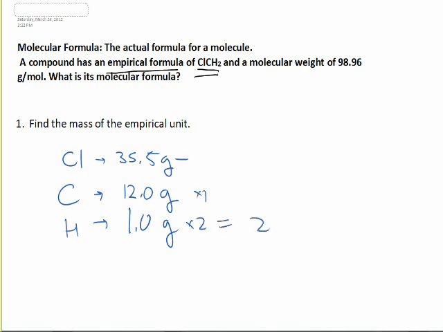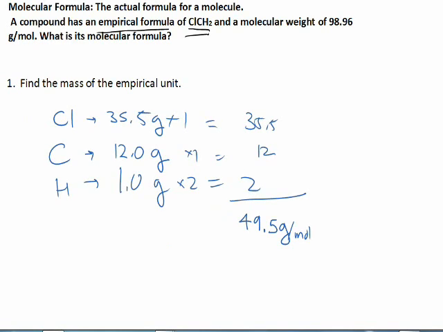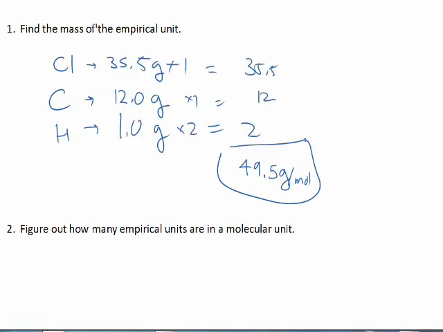There's just one of each of these here for the empirical formula. So that's 35.5 plus 12 plus 2, which adds up to 49.5 grams in a mole. So that's the molar mass of that empirical formula.